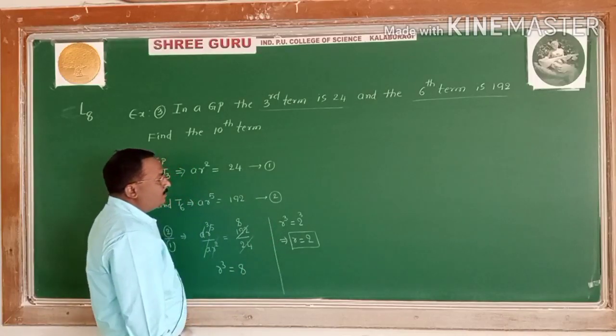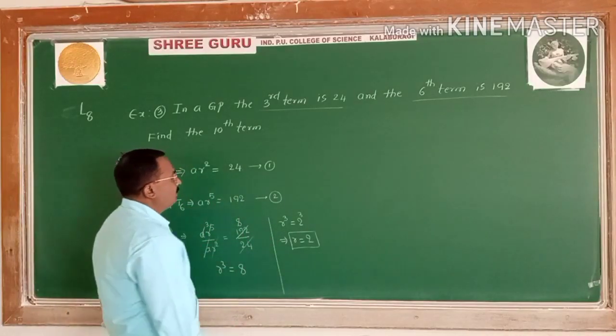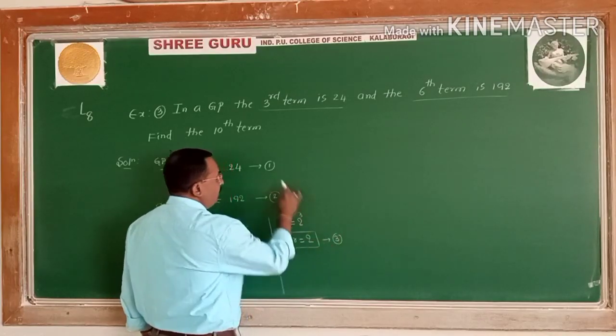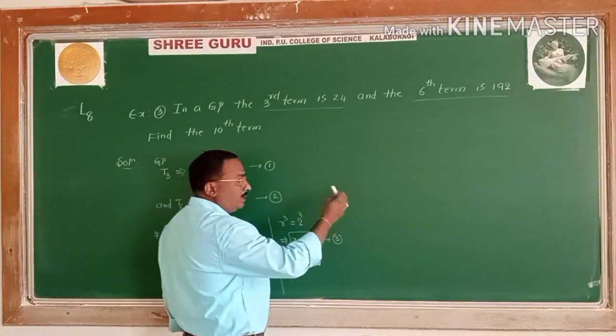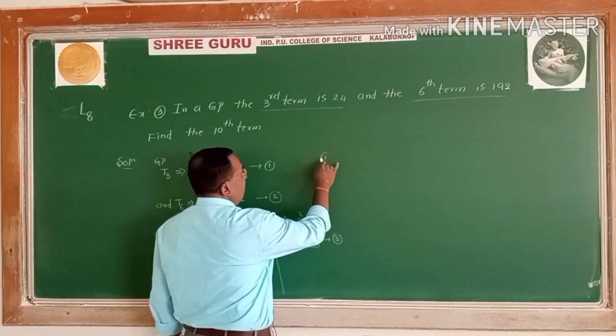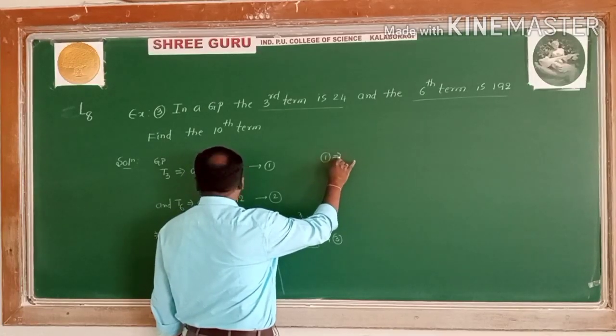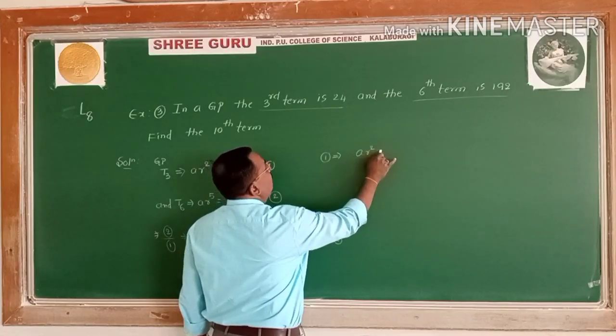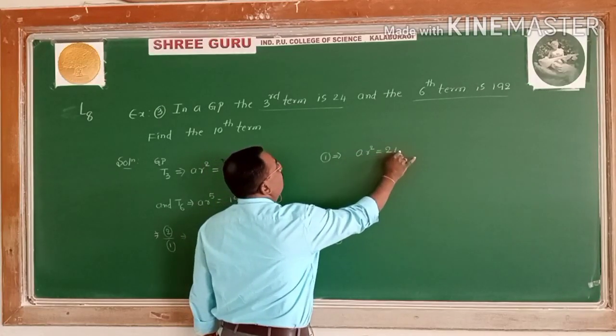If R value is 2, substitute in any one of the equations and we'll get the A value. Equation number 1 implies A into R square is equal to 24.